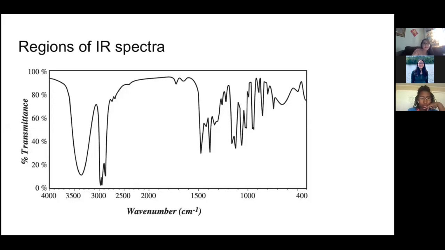Cool. So we're just going to go over a little bit of what Sydney talked about before and then get into some examples. Remember, this is the same graph that Sydney was using a couple slides ago. The goal in looking at this IR spec, this crazy looking graph, is going to be essentially to determine the identity of different functional groups. And by doing so, either you can say, okay, I have these functional groups, I likely have the correct molecule, maybe if you're in Orgo lab, or maybe if you just know a bunch of the functional groups, you can determine what the structure of the molecule overall looks like.